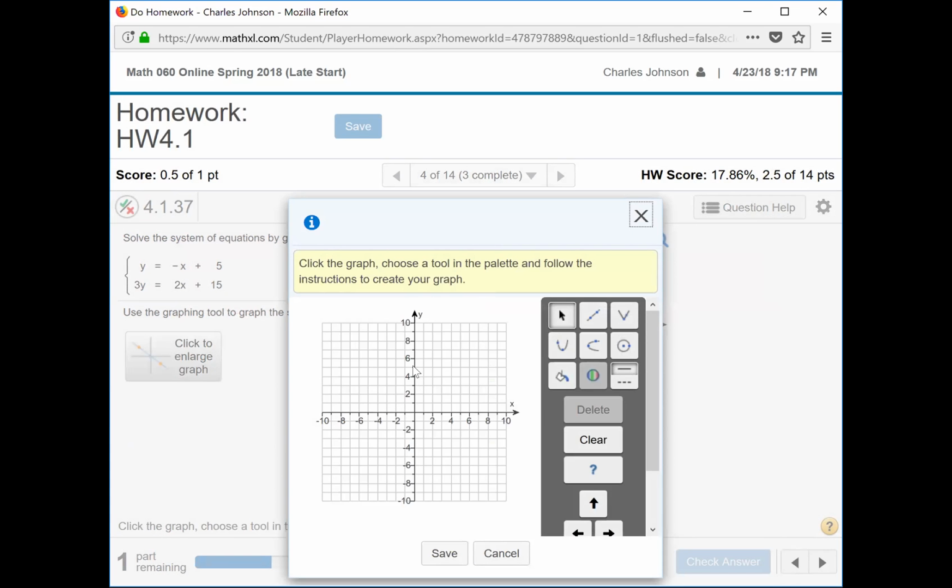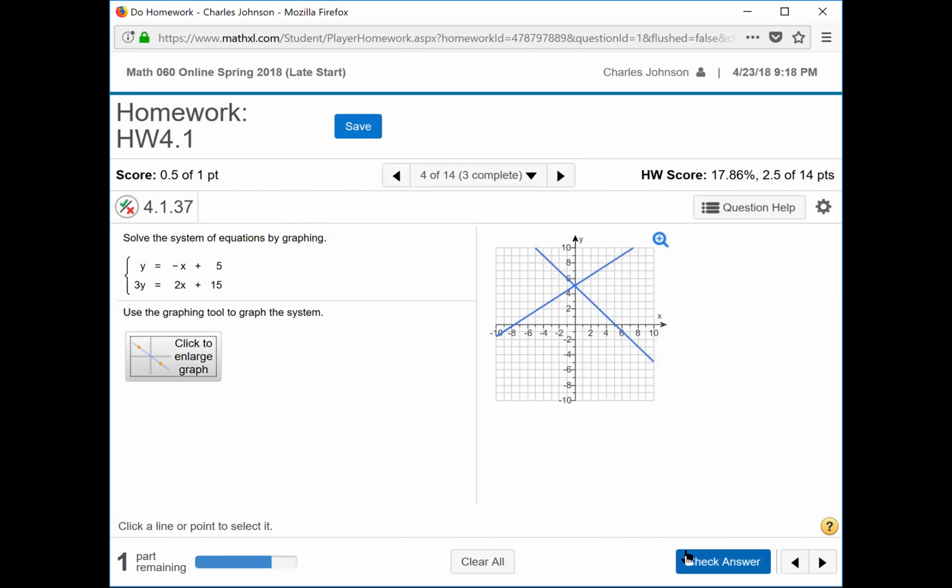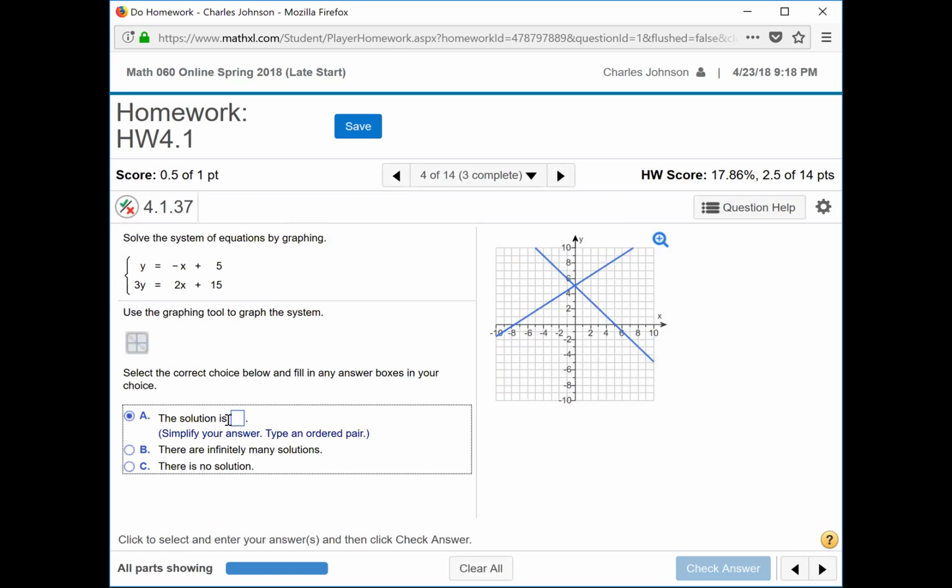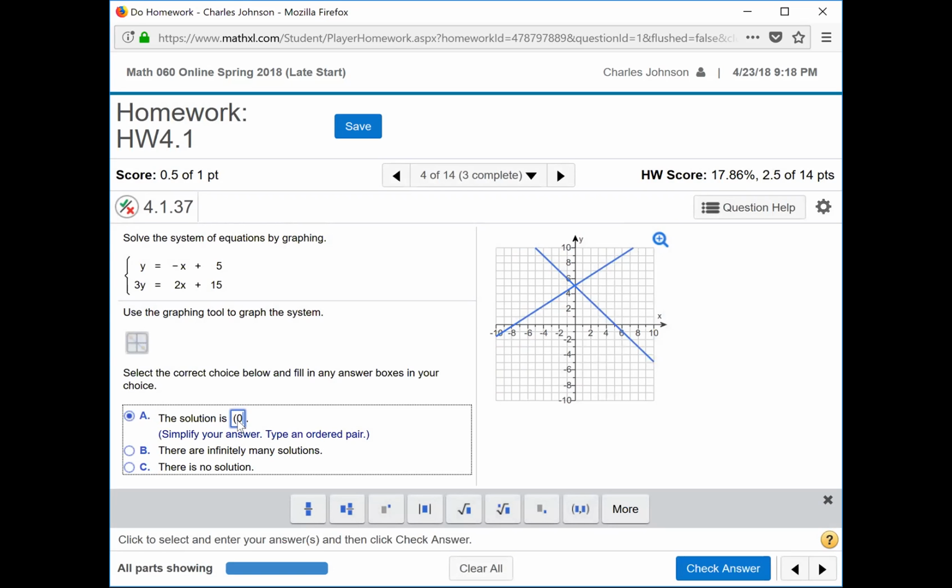That's a y-intercept of 5, and then a slope of -1. The next one is a y-intercept of 5 as well, and its slope is 2/3. So we rise 2 and run 3. Okay, that's better. And then that solution is (0, 5) like the other one.